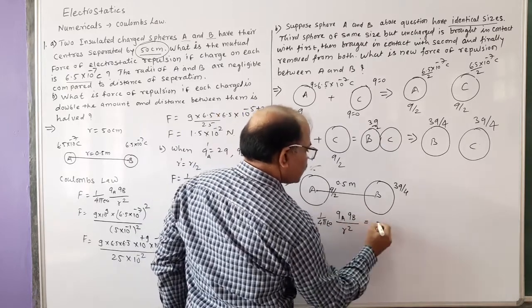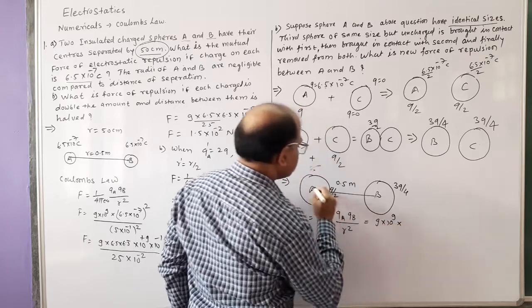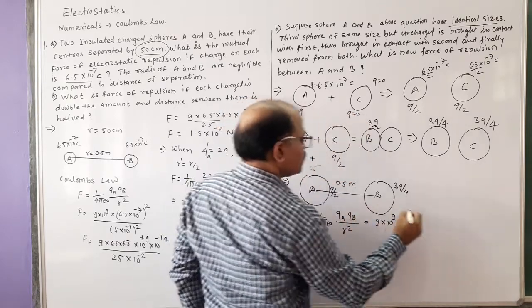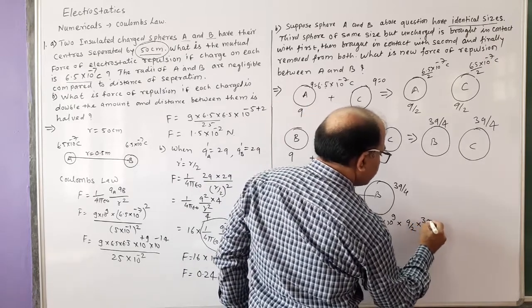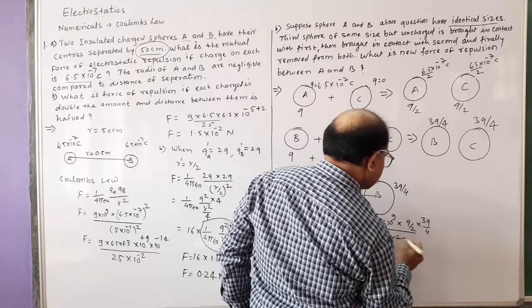So we can substitute this value: 9 × 10^9 into the charge on the first, which is Q by 2, the charge on the second is 3Q by 4, and the separation distance R squared.